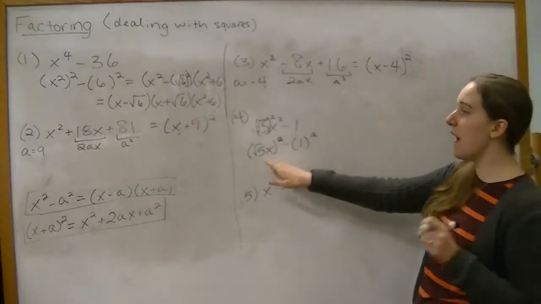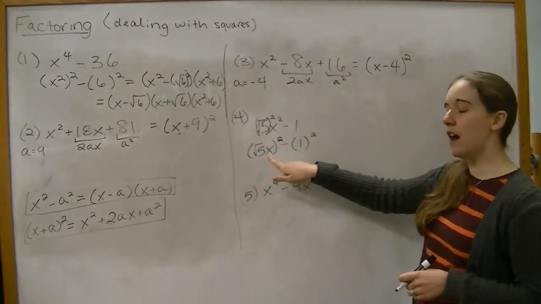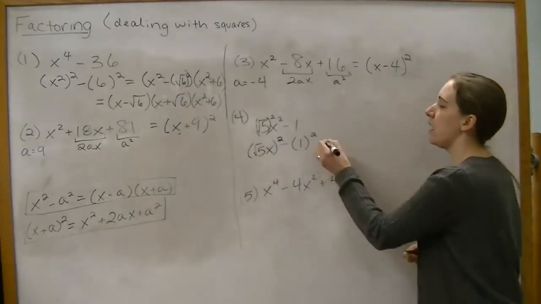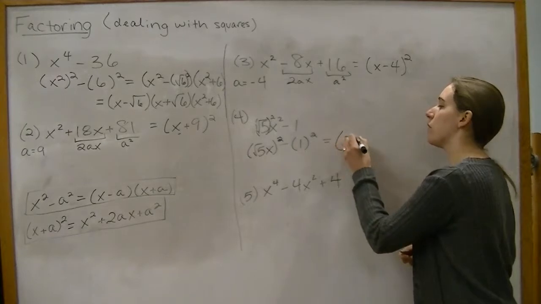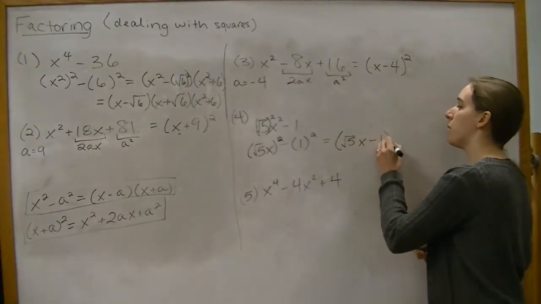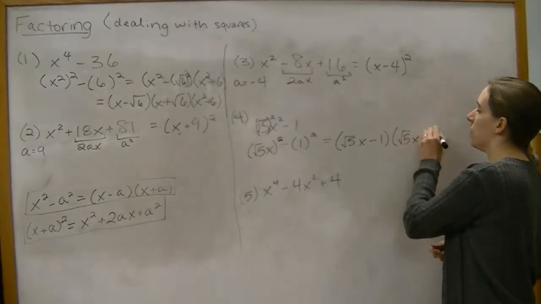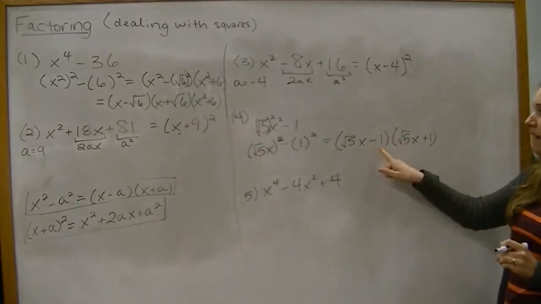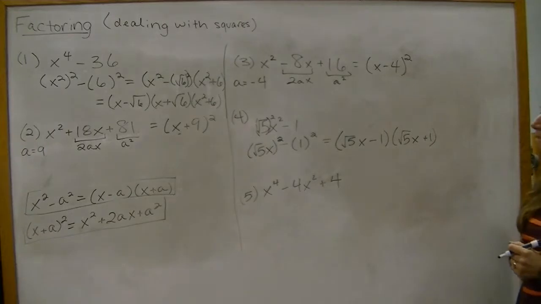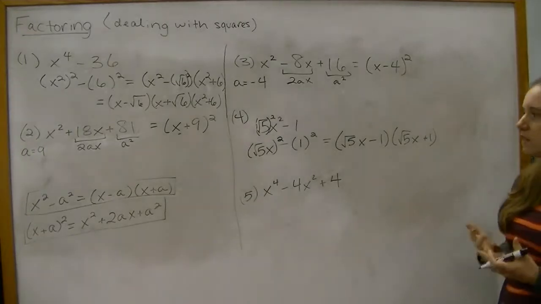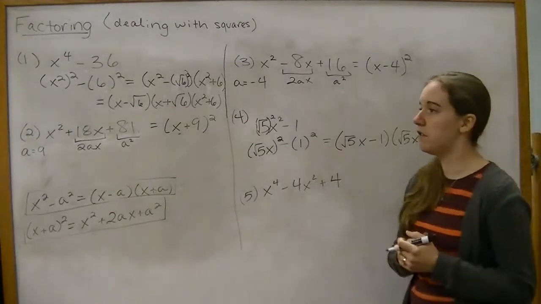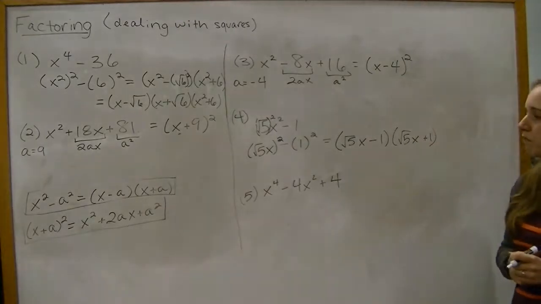So here my x is the square root of 5 times x. My a is 1. So I end up with the square root of 5 times x minus 1 times the square root of 5 times x plus 1. X minus a times x plus a. So this was another example of the difference of 2 squares.